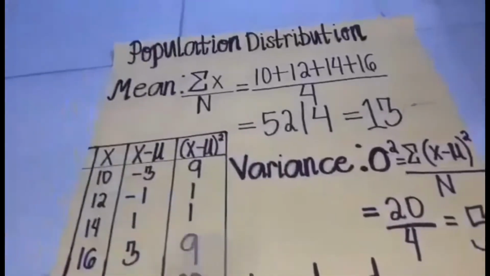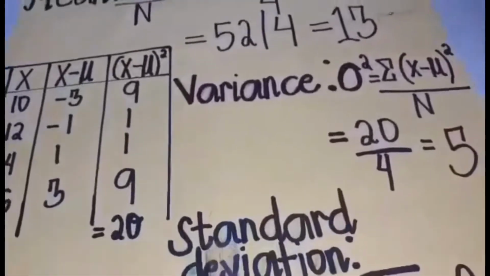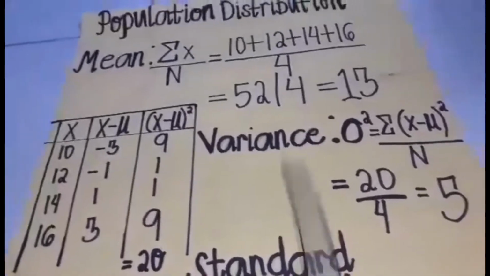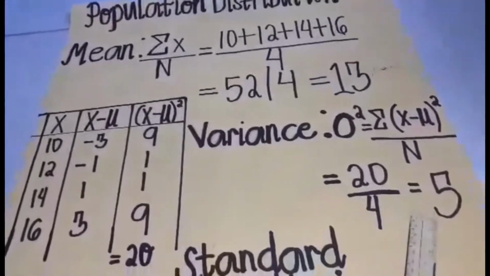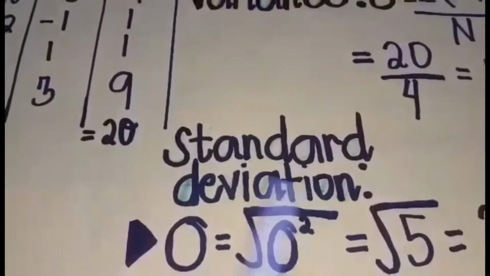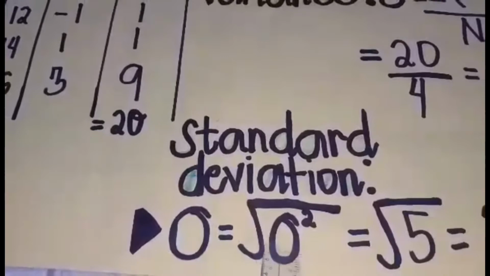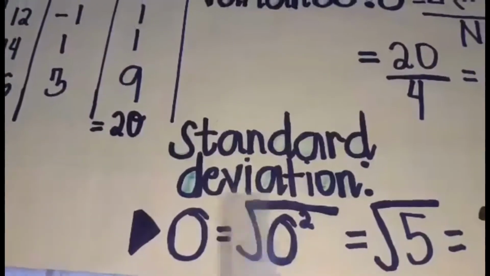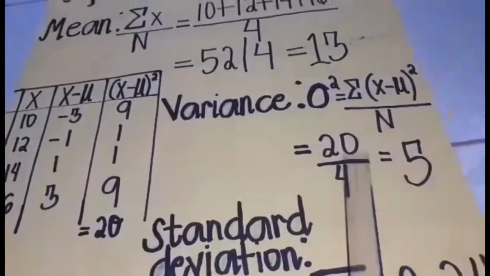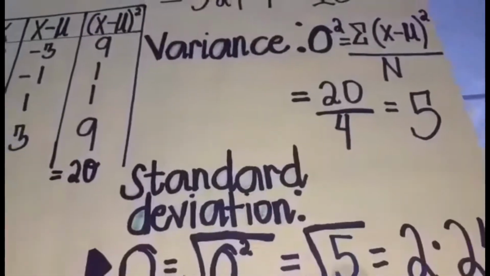Madali lang to, guys. Don't you worry. And always remember na dito sa standard deviation is the square root lang nitong ating variance, which is 5, o kung anumang variance mo dyan. So, the formula for this is sigma is equal to the square root of sigma squared, which is the square root ng ating variance, which is 5, and is equal now to square root of 5.